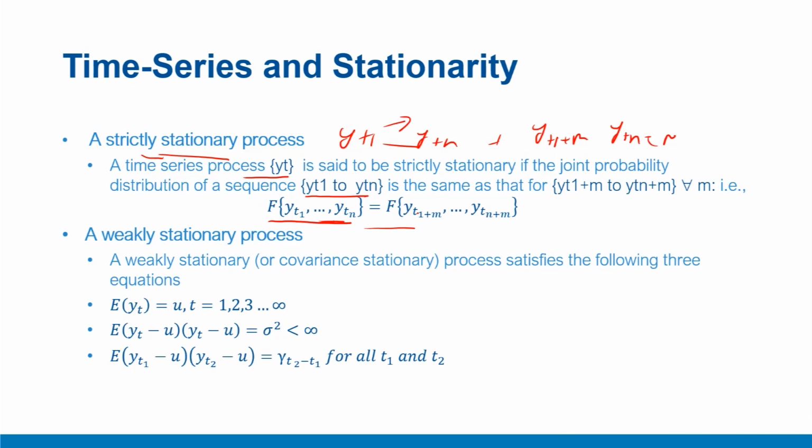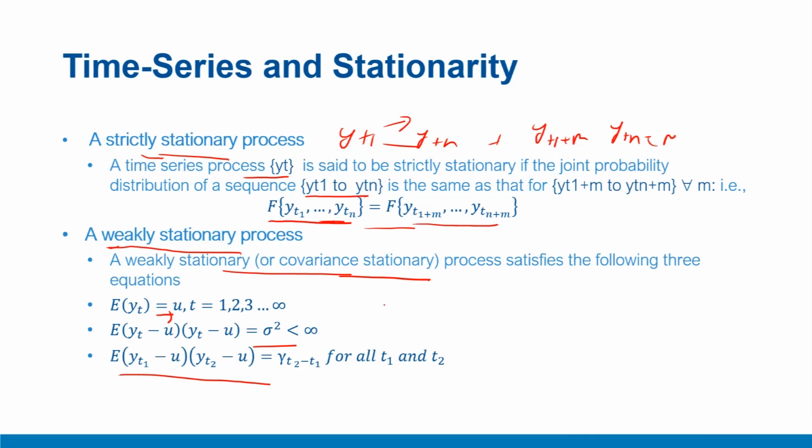But this strict stationarity condition is a rather stringent one and less practical. So in a practical sense, we make use of what we call a weakly stationary process. What is a weakly stationary process or covariance stationary process? If you recall, it's a process for which the mean of the distribution is constant over time, its variance is constant, as well as the autocovariance is also constant.